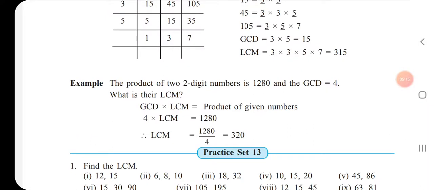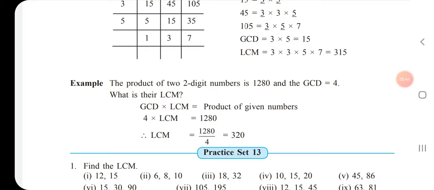Now one important rule is there, with the help of which we can solve a variety of problems. That is, the product of the given numbers is also equal to the product of HCF and LCM. For example, see this: the product of two numbers is 1280 and the HCF is 4.